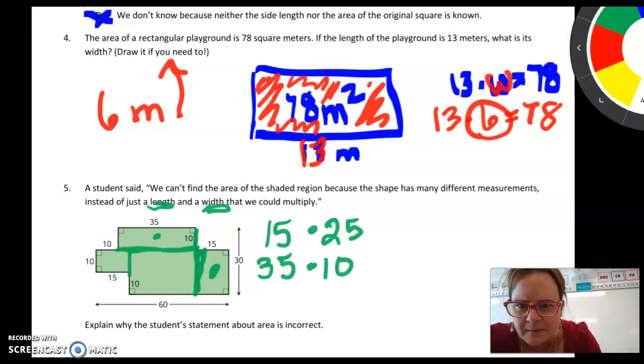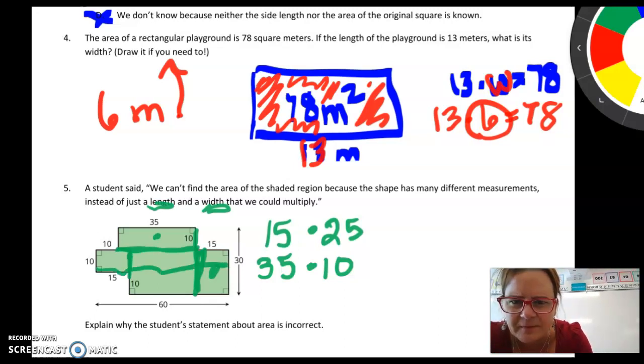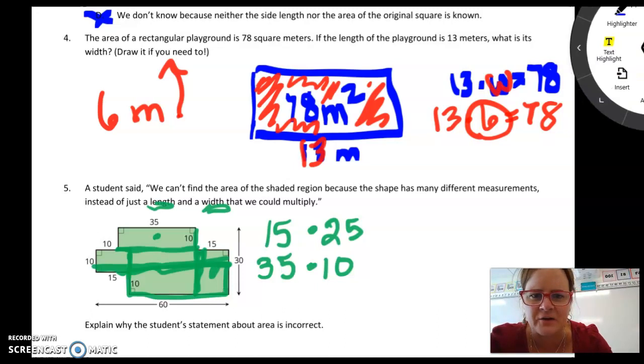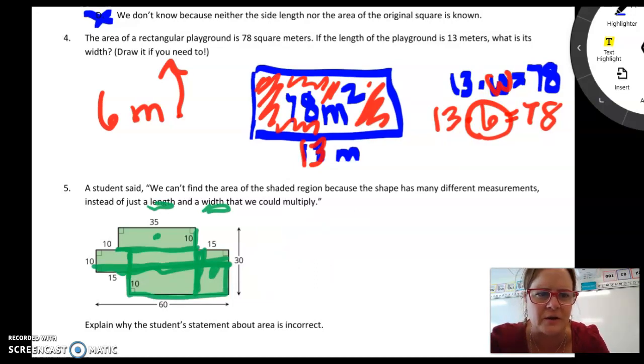You could chop it up like this. Actually, I think you're going to want to chop it up like this, and then like this. So we don't actually have to find the area. If you're freaking out right now like, oh my gosh, I didn't find the area, you actually don't need to find the area in this problem.